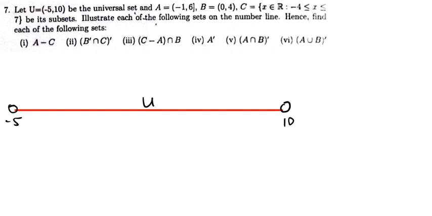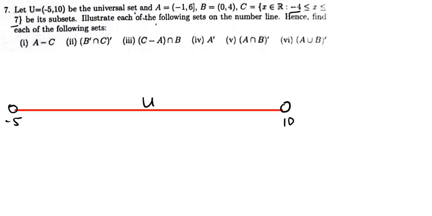Now, the first thing that I want us to solve is A minus C. But before we do that, let us first dismantle C. So C is telling me it is starting from negative 4 ending on positive 7.